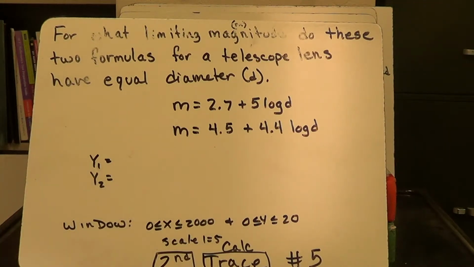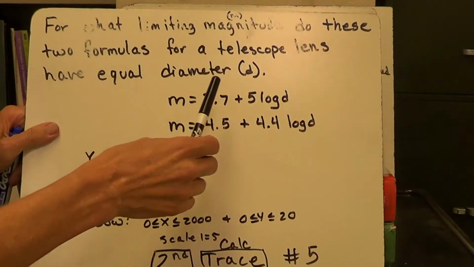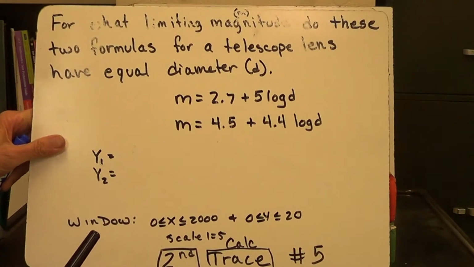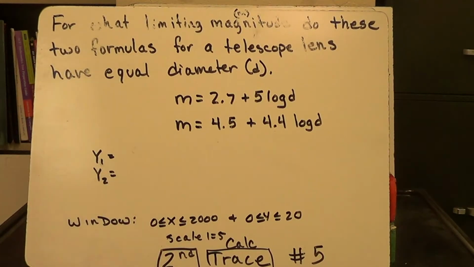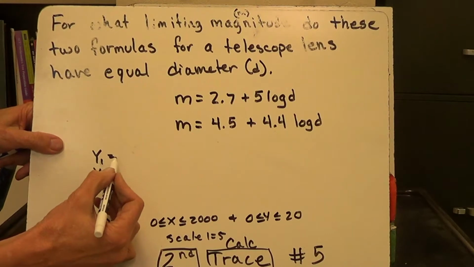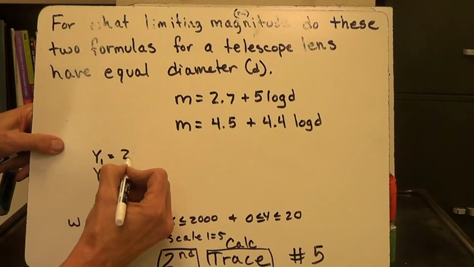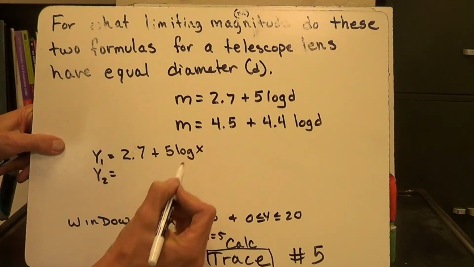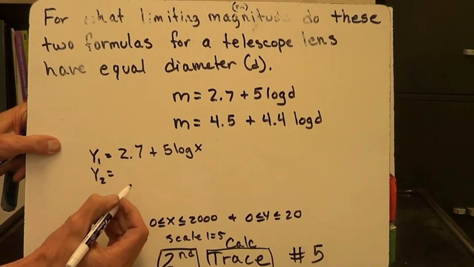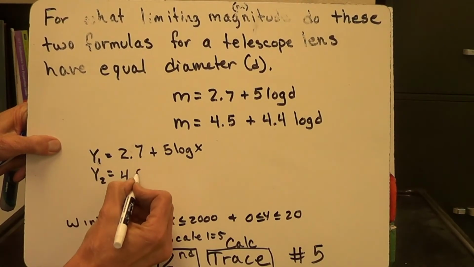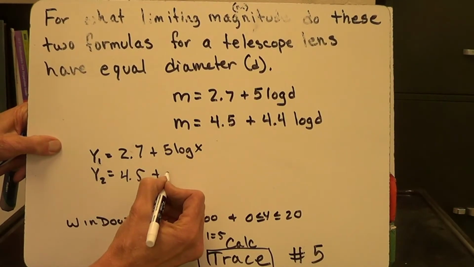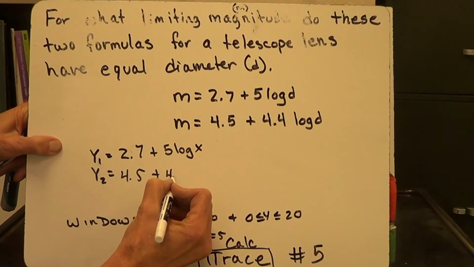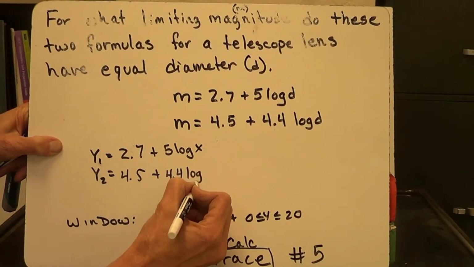For what limiting magnitude do these two formulas for a telescope lens have equal diameter? Here's how I'd solve this kind of problem. You're given the function rules for each of the diameters. I would plug them into a graphing calculator. For y1, I would put 2.7 plus 5 log x. For y2, in the graphing feature, I would do 4.5 plus 4.4 log x.